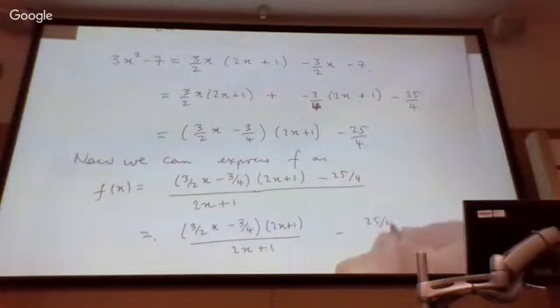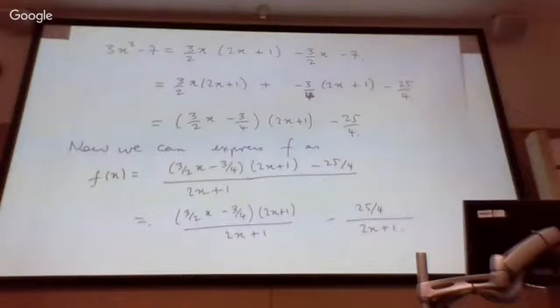Minus 25/4 over 2x plus 1. And of course, now the 2x plus 1 factors disappear. So you simply get 3 over 2x minus 3/4 minus 25/4 over 2x plus 1.